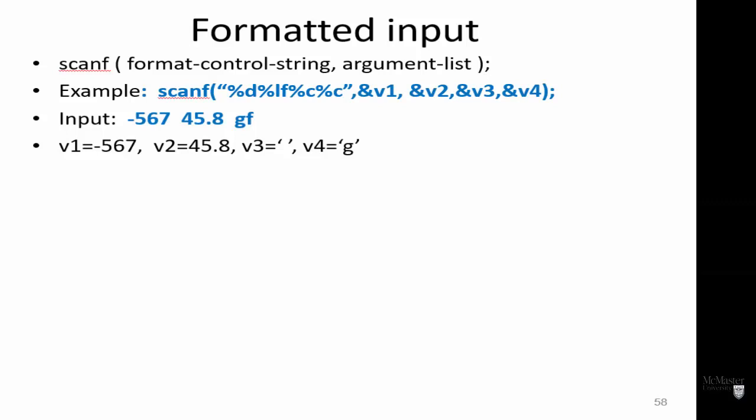V3 would be G, V4 would be 0. Why 0? You have an F here. Yeah? Good.